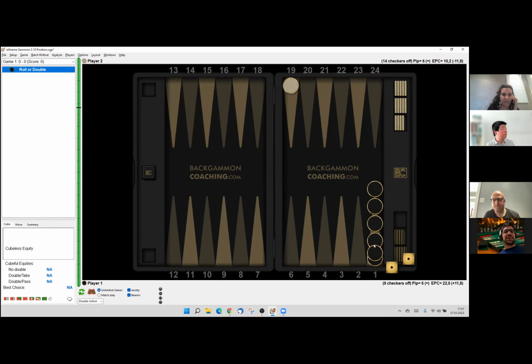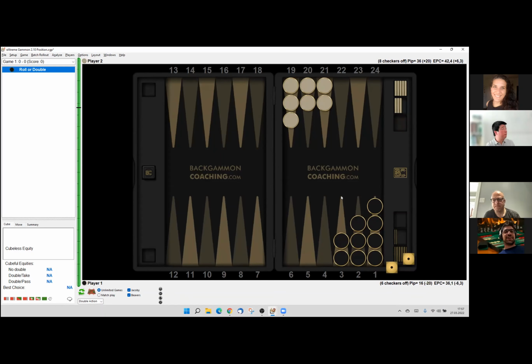So wastage is something, when we've got basically killed checkers here, we can say. And now if black rolls, let's say 6-5, whether he rolls 6-5 or he rolls something like 3-1, basically, it's going to all work the same.